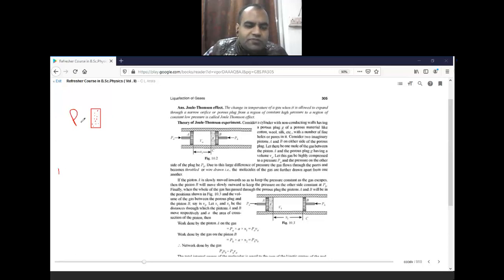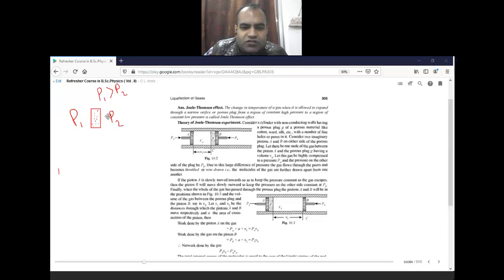Suppose here on this side you have a pressure P1, and here on the other side of the porous plug you have a pressure P2, such that P1 is greater than P2. What these pressure things are, we'll learn very quickly in a while.